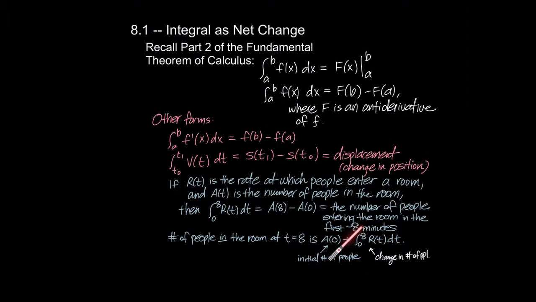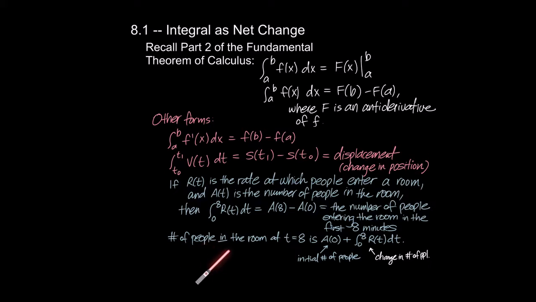This is assuming that nobody is leaving the room. We will work on problems later on where there are people leaving the room at a certain rate. But let's say nobody is leaving the room here. And so, another thing to keep in mind is that if we want the number of people in the room at t equals 8, we have to know how many people are in the room initially, because it may not be empty at first, plus the change in the number of people.